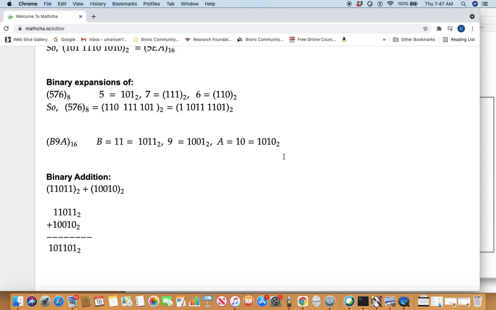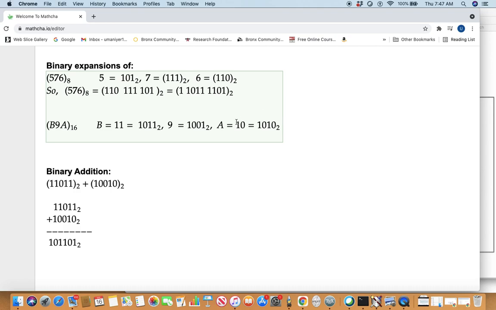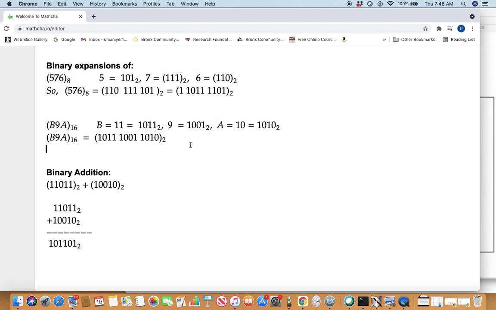So you can rewrite it: B9A base 16 is B is 1011 base 2, 9 is 1001 base 2, A is 1010 base 2. All of them together base 2. So notice how you write 4 digits, then a space, 4 digits, then a space, starting from the right. That's how binary digits are written.